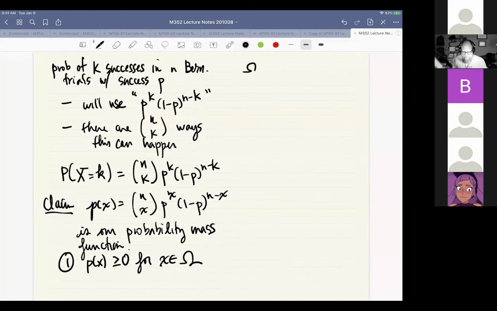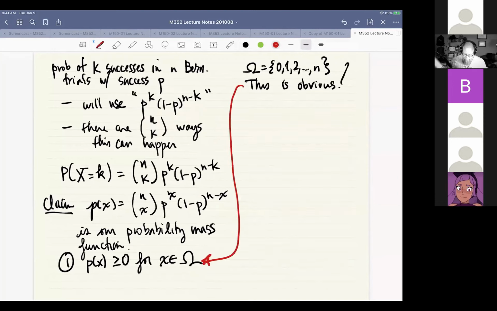And so notice the possible outcomes are the numbers 0 to n. So for every possible k, the probability I have k successes in n trials is bigger than or equal to 0. But this is obvious, because if you look at the formula that I'm using, n choose k is always positive, p is positive, and 1 minus p is positive because p is between 0 and 1.